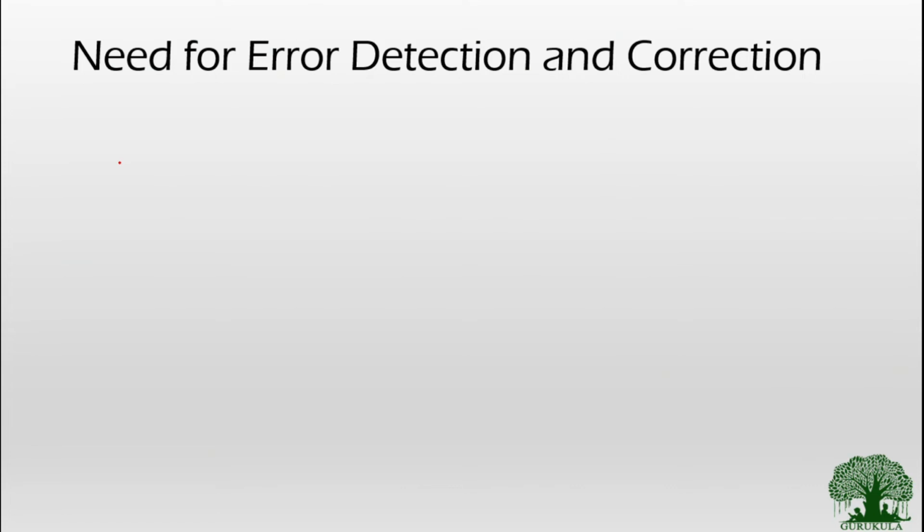Before directly diving into what exactly error detection and error correction codes are, we are very much interested in knowing the need for them. Why do I need a separate code for detecting and correcting errors?